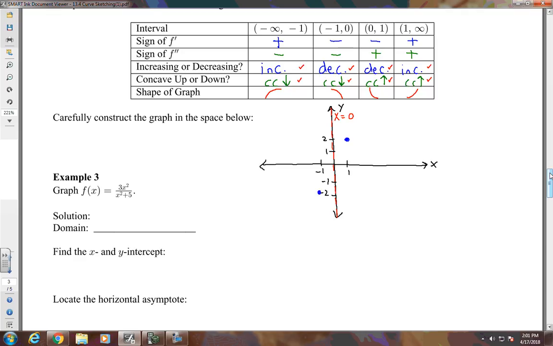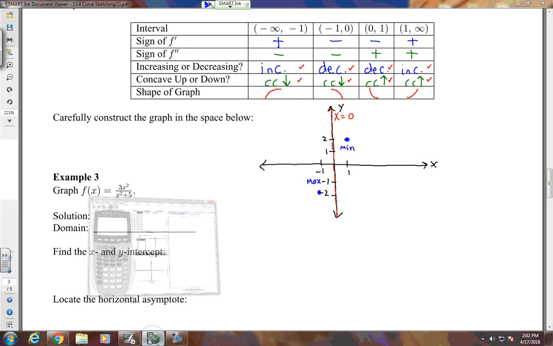Now, isn't it interesting? This one we said was going to be the maximum, and this one is going to be the minimum. Now you're thinking, that can't be right. How can a maximum be lower than a minimum? Well, it's going to be valid on this graph because I'm looking at this graph in two different pieces.